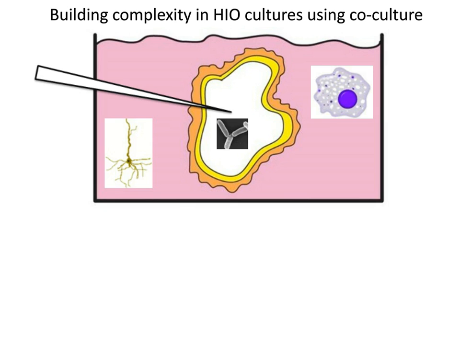So either commensal bacteria or pathogenic bacteria, to understand how your gut health and function might be influenced by different bacteria. And then shown on the outside are a couple of different cell types that are present in the normal intestine, but that are lacking from our system in the dish. You can see an immune cell on the right-hand side and a nerve cell on the left-hand side.